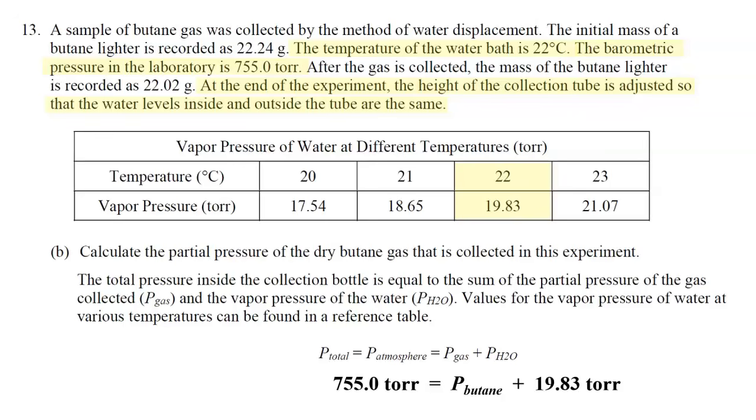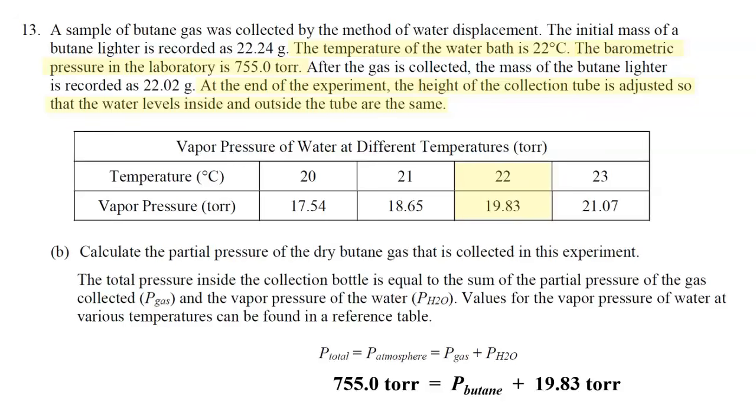And that number, 755 torr, is the pressure of the mixture of butane plus a little bit of water vapor. So since the total pressure is 755 torr, the pressure of just the water is 19.83 torr.